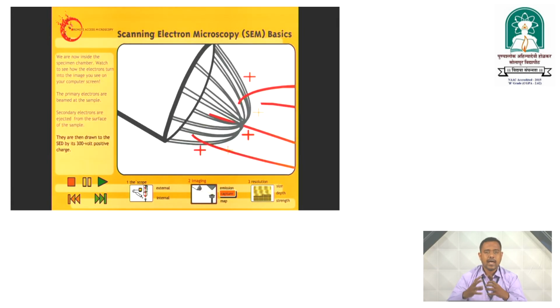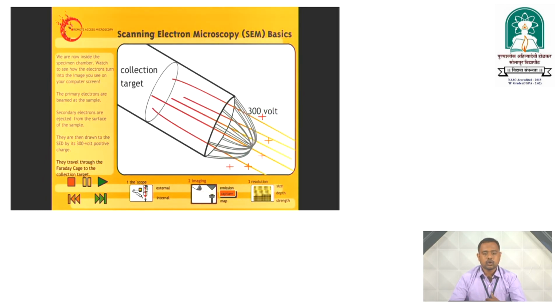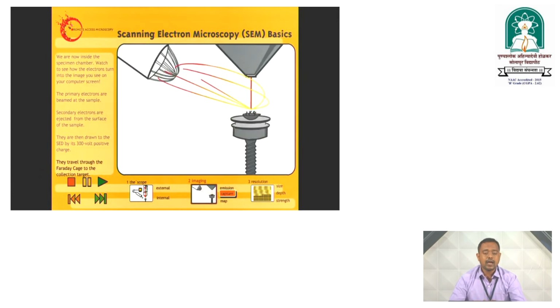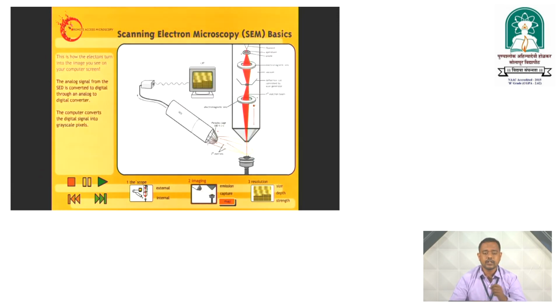It is a wired cage kept at about 300 volts positive charge, because positive charge easily attracts the electrons ejected from the sample surface, and they are sent to the collection target.